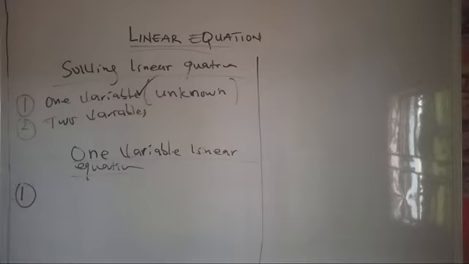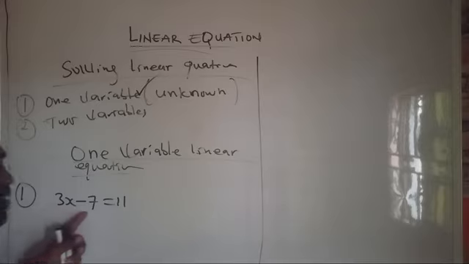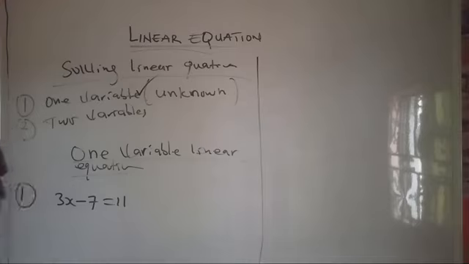So for example, when you have 3x minus 7 is equal to 11, this is an example of one variable, because if you see this equation, it is only x that you are seeing. It shows that this equation is a one variable linear equation. In solving this, you do what is called collection of like terms.